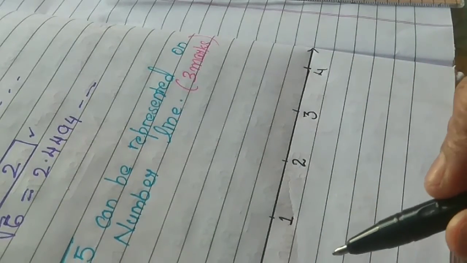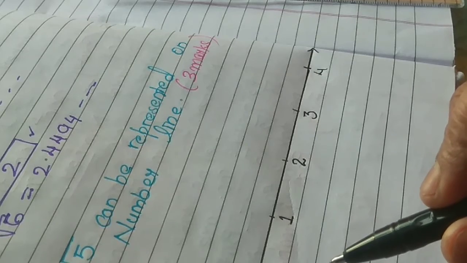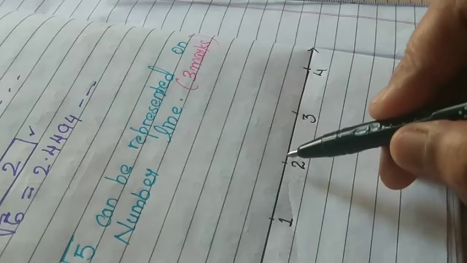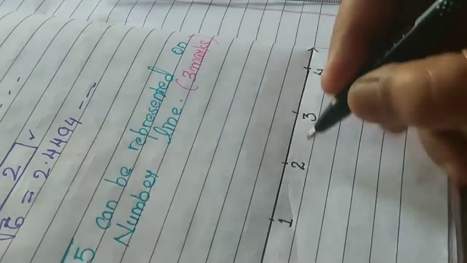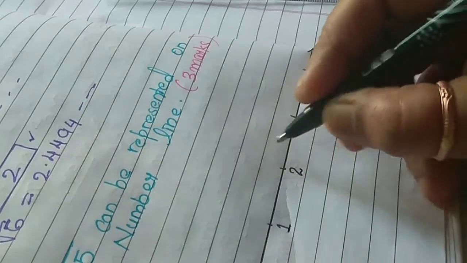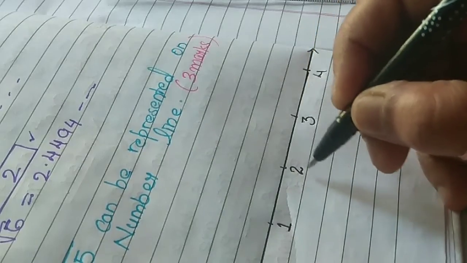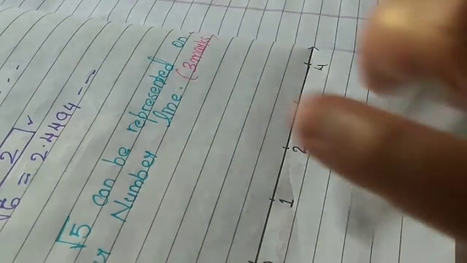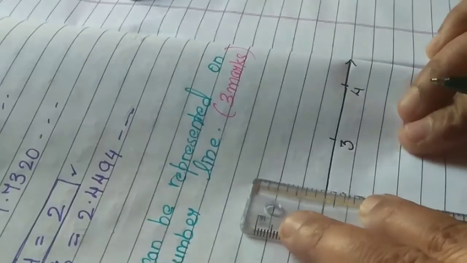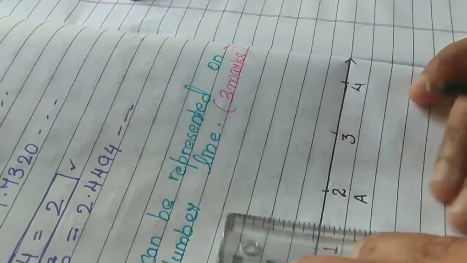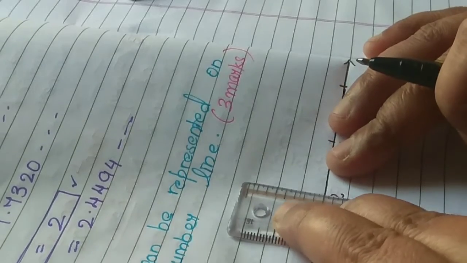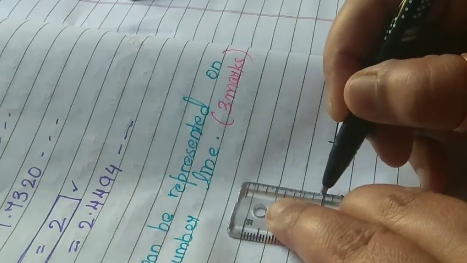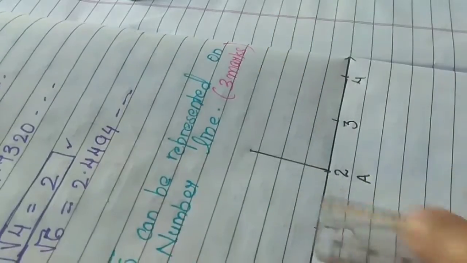So what will be the length of the base and the perpendicular? I said 1 and 2. So for the base we will take 2 here. So you can write here A, and for the perpendicular we have to take 1 unit, that is 2.5 centimeters here.